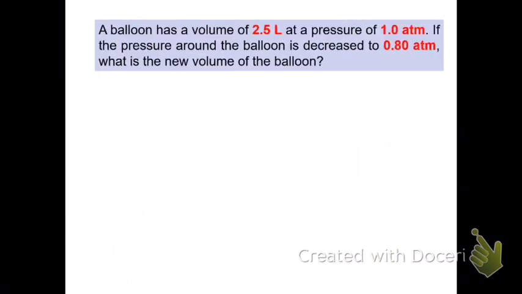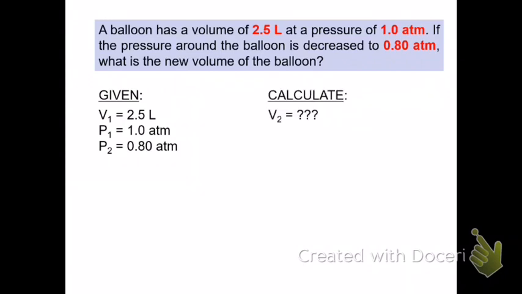All right, here's another example. A balloon has a volume of 2.5 liters at a pressure of 1 atmosphere. If the pressure around the balloon is decreased to 0.80 atmosphere, what is the new volume of the balloon? So again, this is what's given. And we want to calculate the final volume.